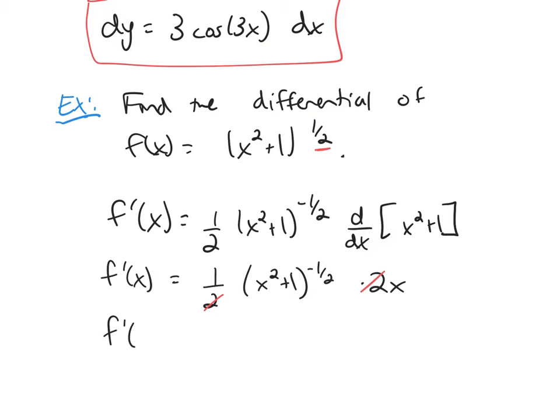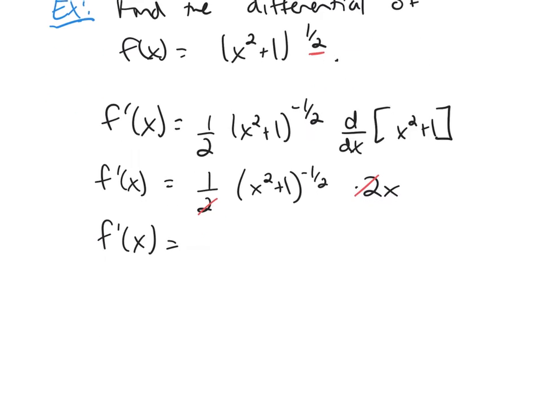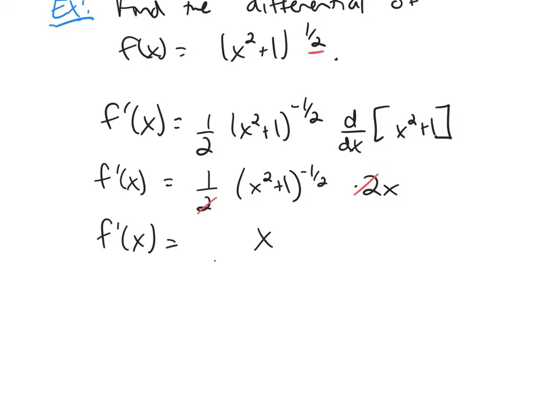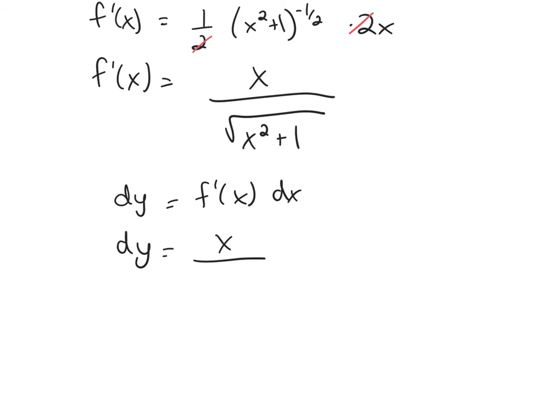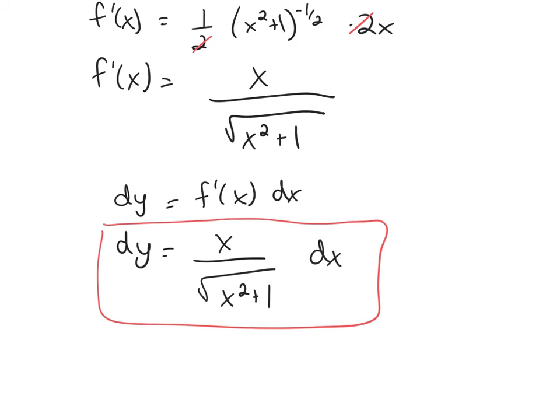So my derivative is x, and my power is negative, so I put it in the denominator, over the square root of x squared plus 1, and there's my derivative. And to get your differential dy, it's f prime of x dx. So dy is x over the square root of x squared plus 1 dx. And there is my differential.